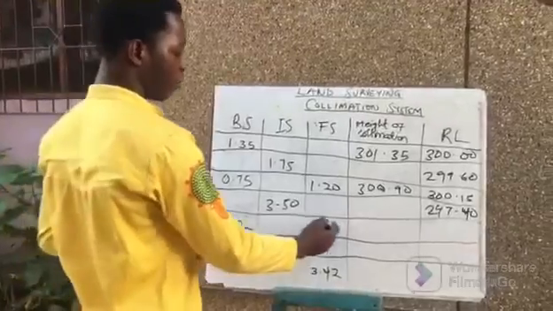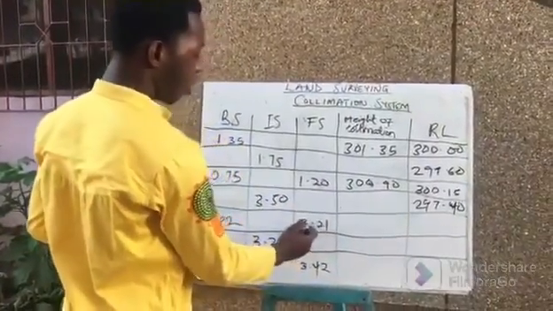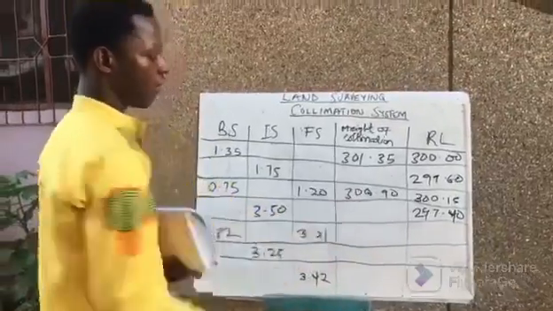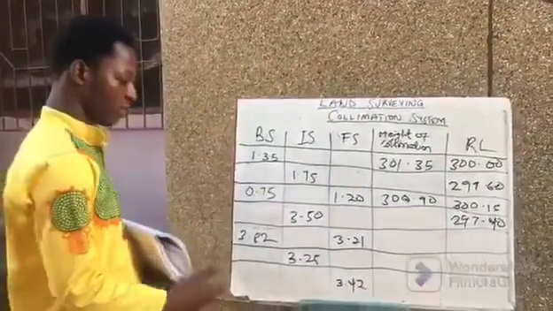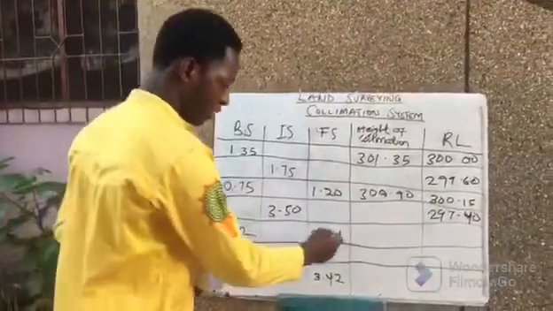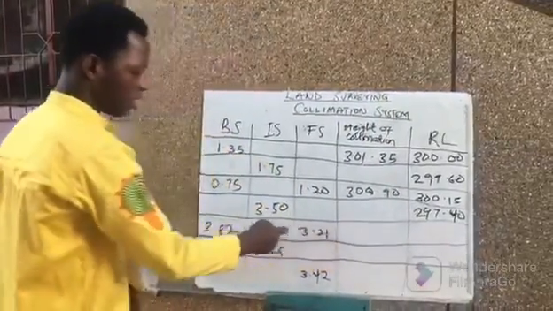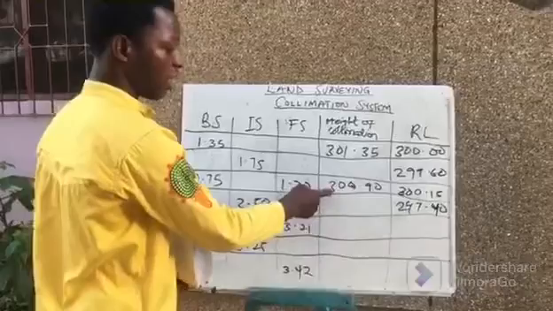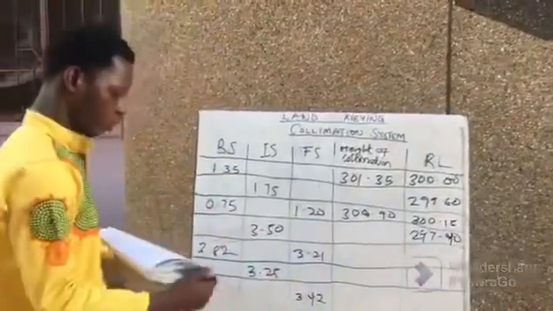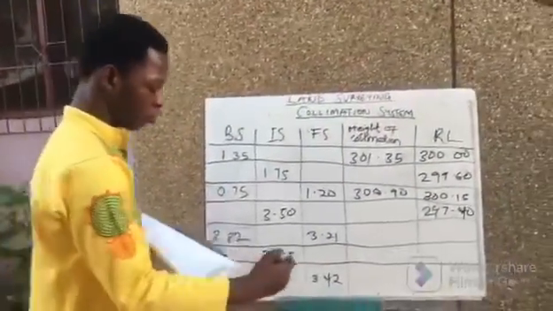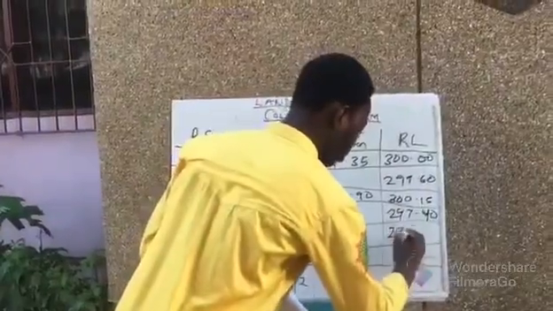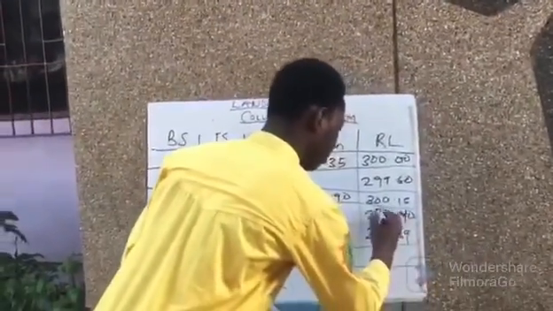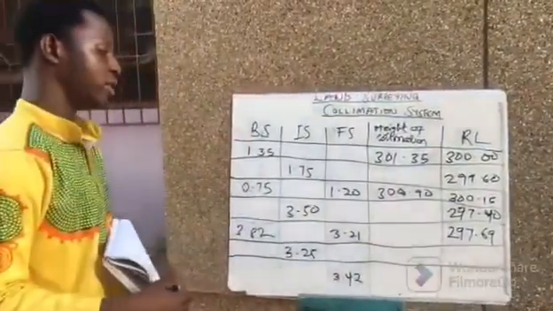For the reduced level of this one, I have to subtract 3.21 from 300.90, which will give me 297.69.